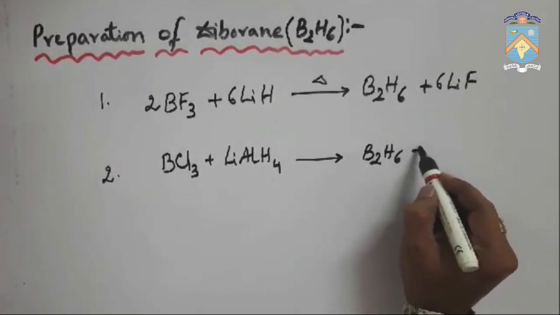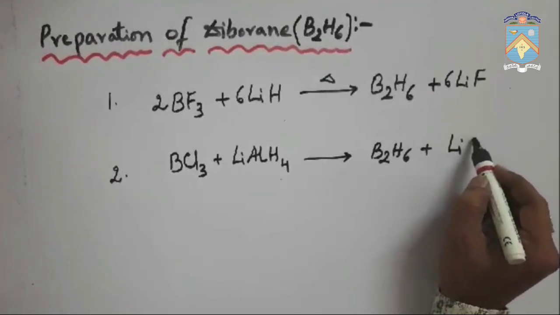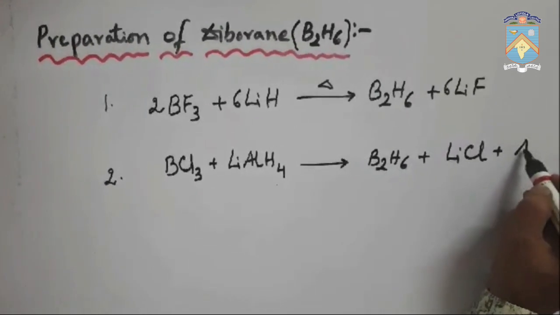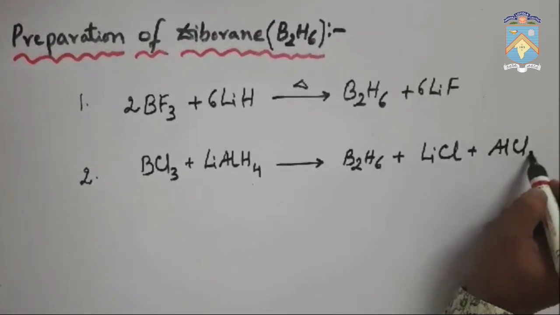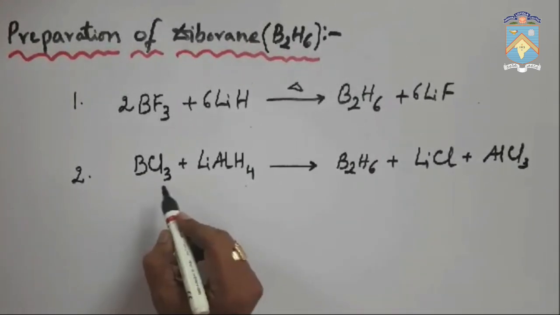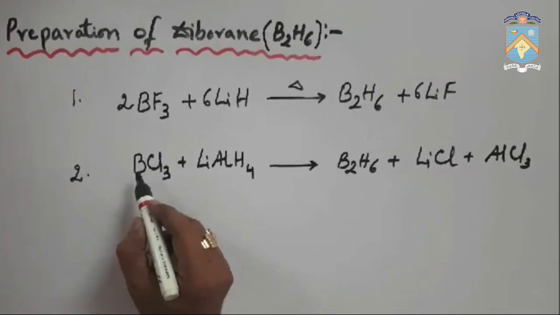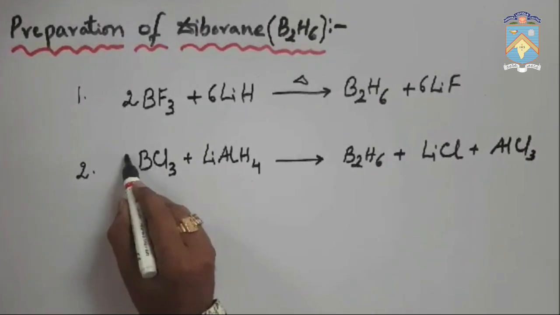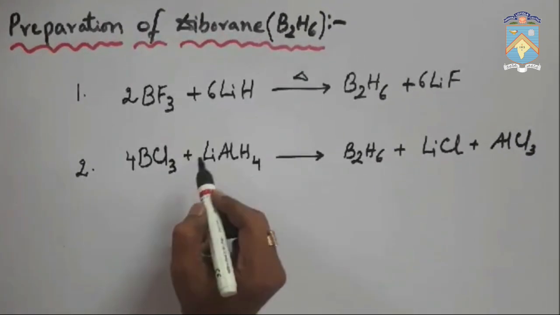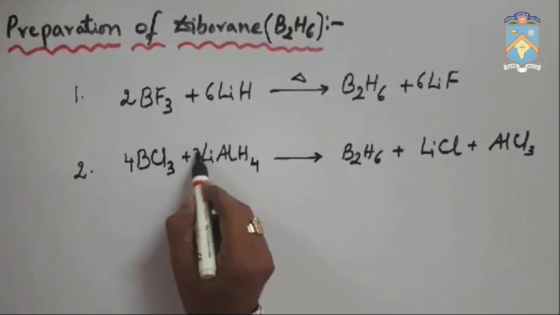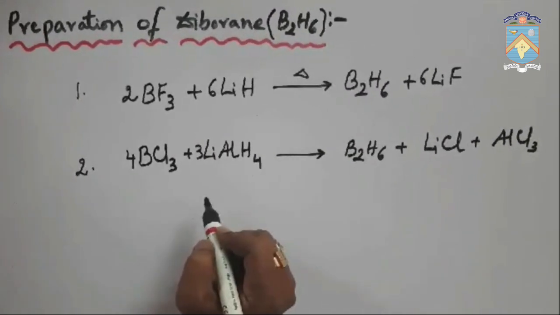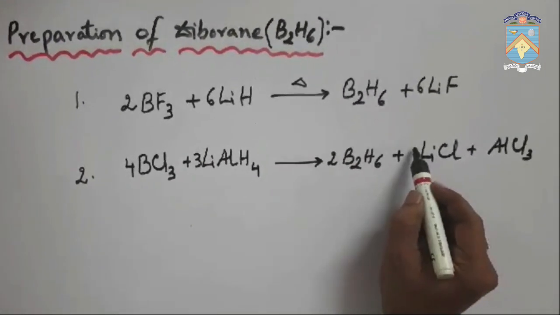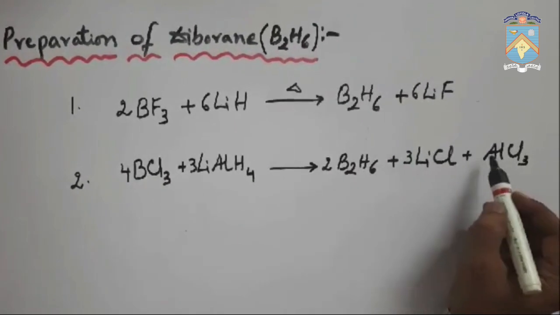Here the byproducts include lithium chloride, LiCl, and aluminium trichloride, namely AlCl3. Now we need to balance this reaction also. So how do you balance this reaction? We need to take 4 moles of BCl3 and 3 moles of lithium aluminium hydride, and you are going to get 2 moles of diborane, 3 moles of LiCl and 3 moles of AlCl3.